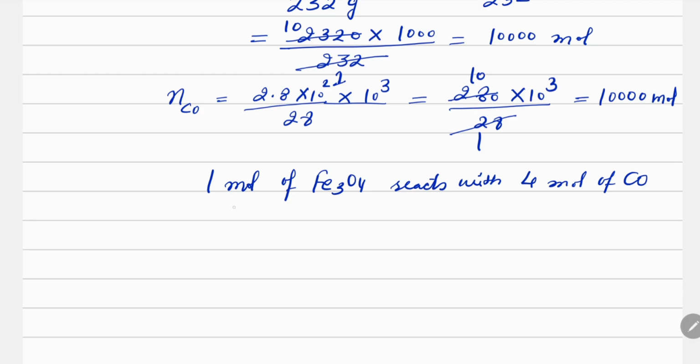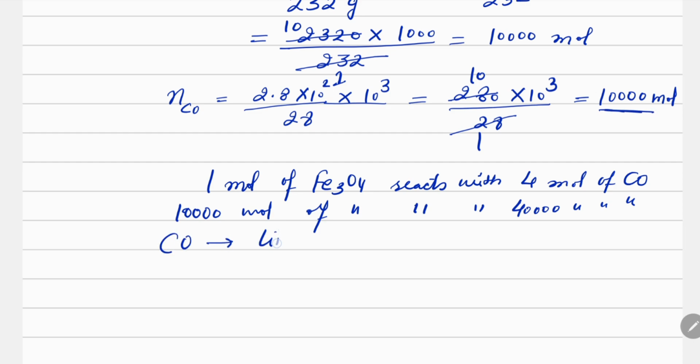So 10,000 moles of Fe3O4 would react with 40,000 moles of carbon monoxide. We can see that the number of moles of carbon monoxide given is less. So carbon monoxide is the limiting reagent.